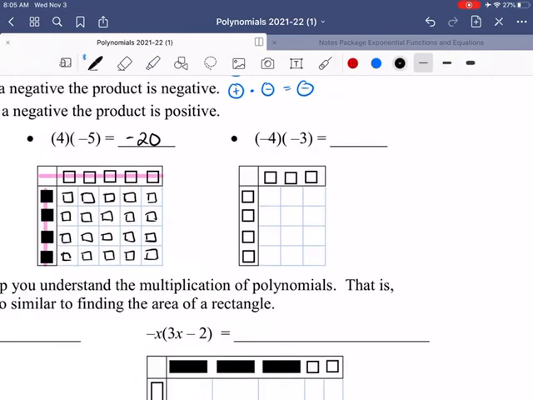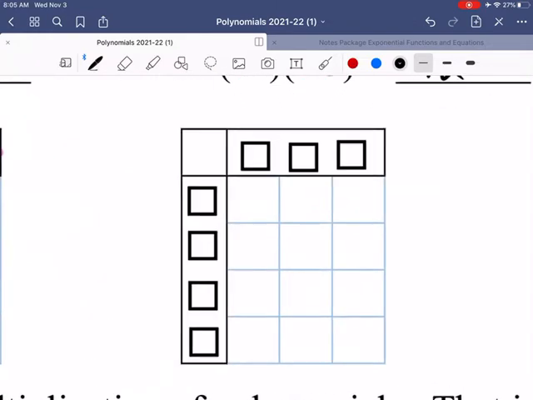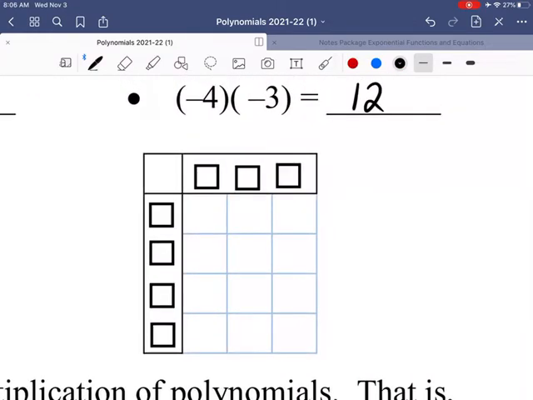One more example. Negative 4 multiplied by negative 3 gives us positive 12. Hopefully you can visualize this. Negative 1 multiplied by negative 1 gives us positive 1. Then negative 1 multiplied by that same negative 1 on the left gives us positive 1 again.